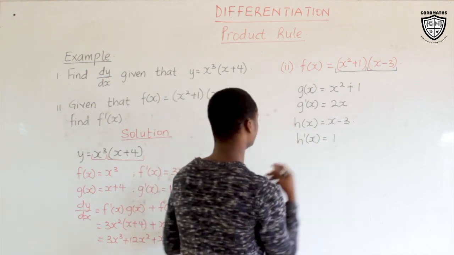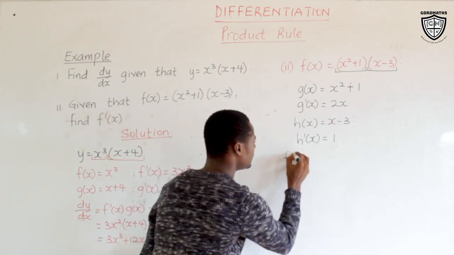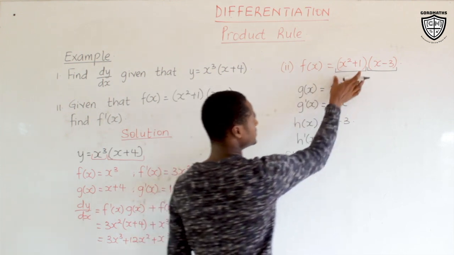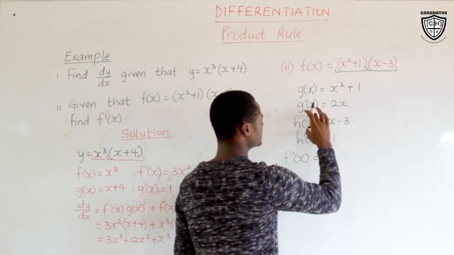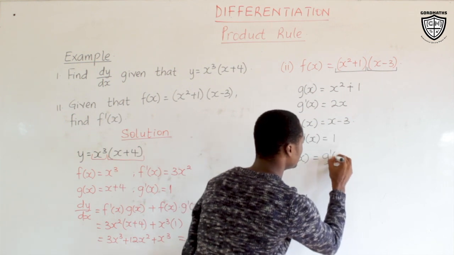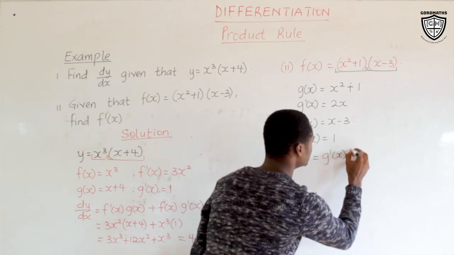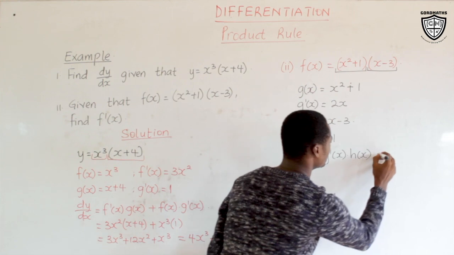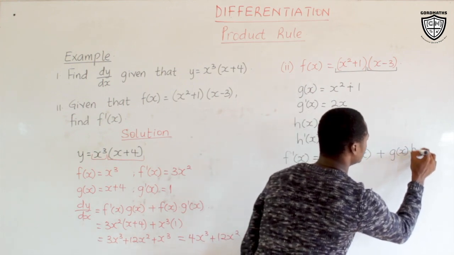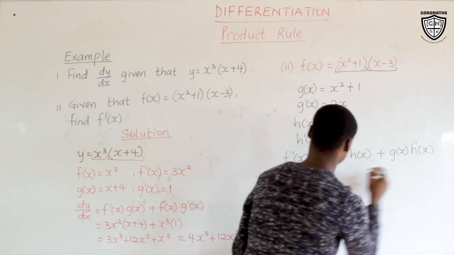So using the product rule, the derivative of the function f of x is equal to, since it's the product of g of x and h of x, we will have g prime of x times h of x plus g of x times h prime of x.